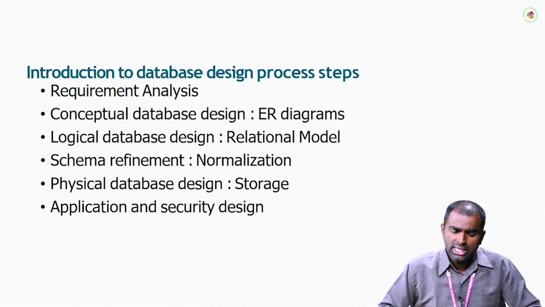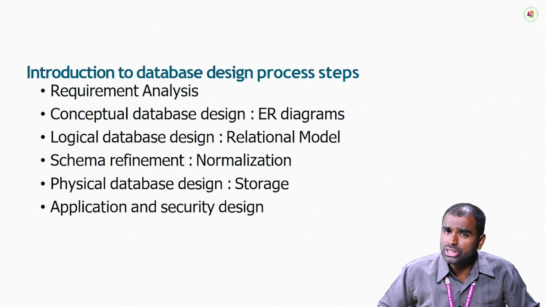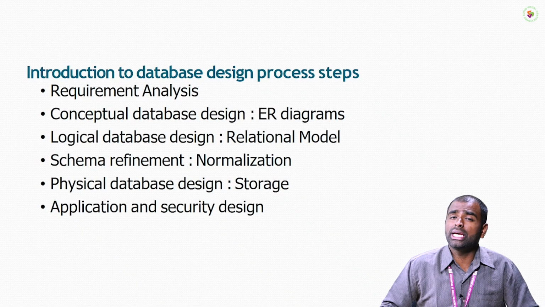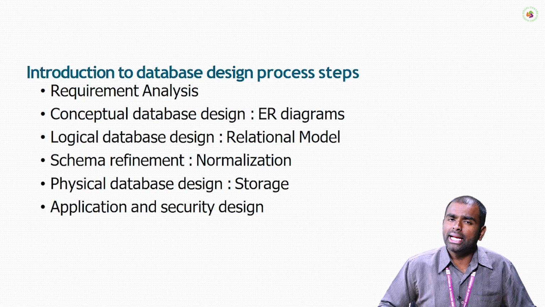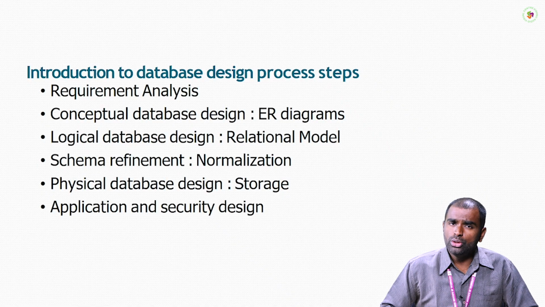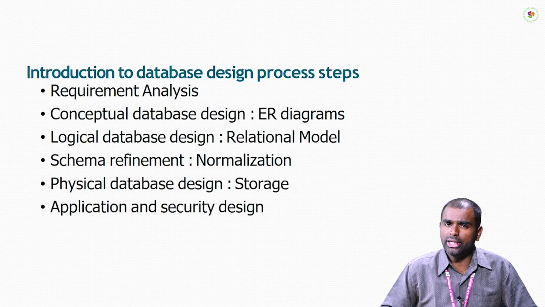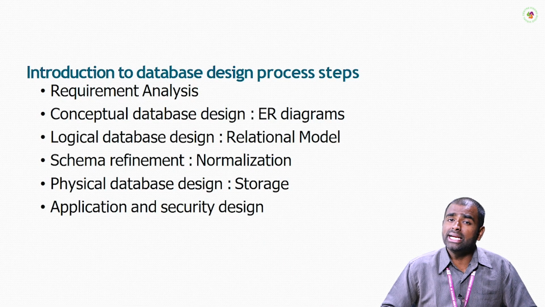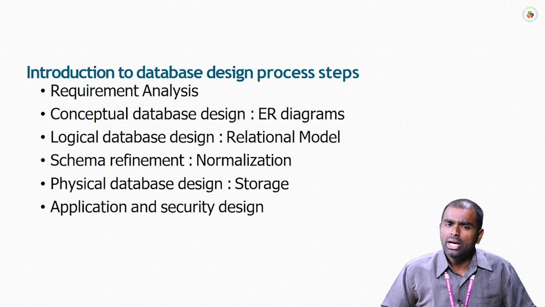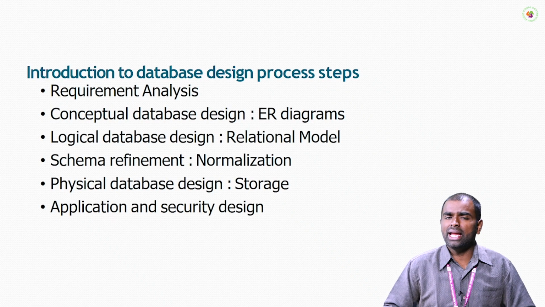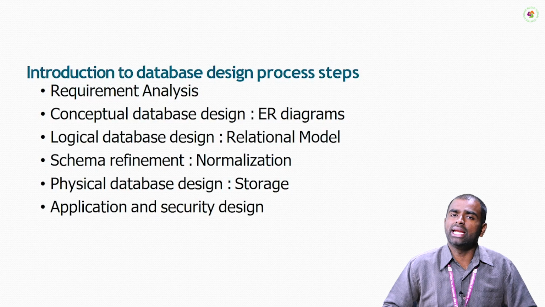These entities, how they are related to each other, how they are connected to each other, we can represent using relationships. Student is connected to faculty by a relationship called guides. The faculty guides the student, the student is guided by faculty. So guides and guided by is a relationship. Like that, you have ER diagrams with different entities and how they are connected to each other by using relationships.